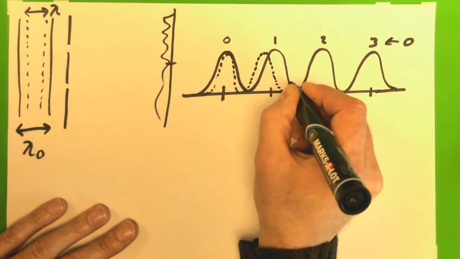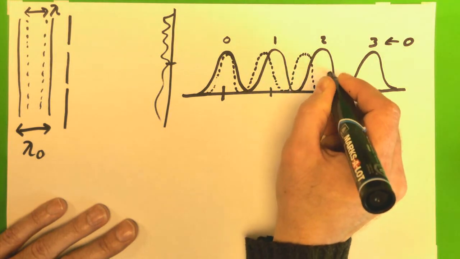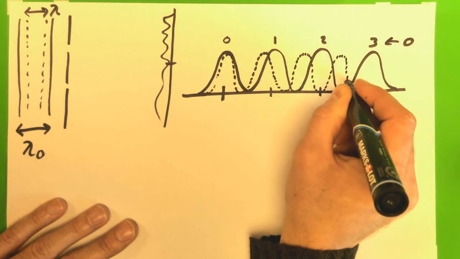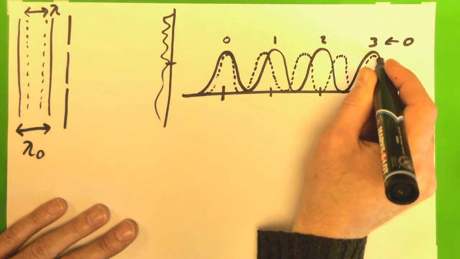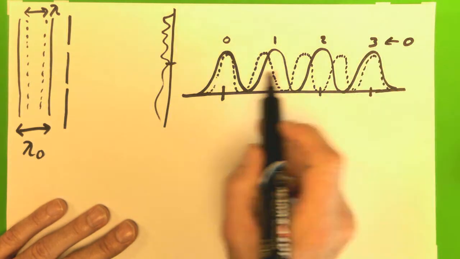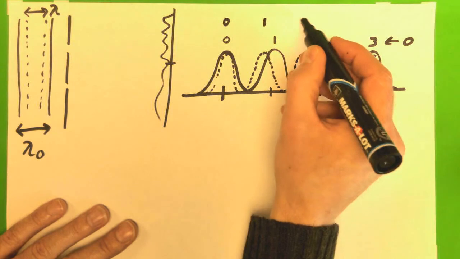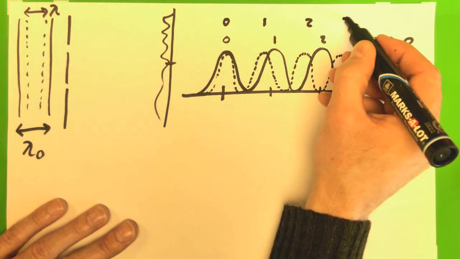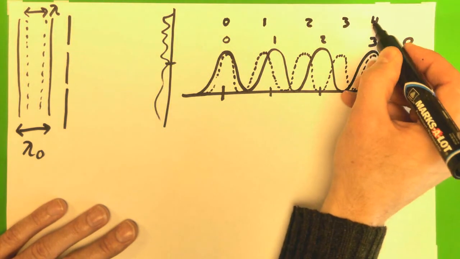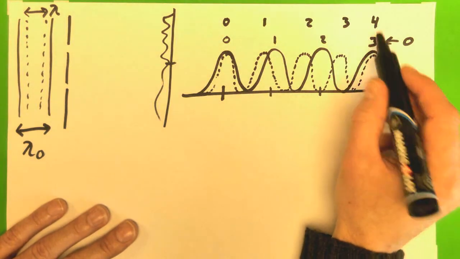And they must be closer together, so that the fourth order overlaps with the third order. So this is 0 here. Right here is 1. This one's 2. This one's 3. And that one is 4. So these other ones don't overlap, but this fourth one overlaps with the third one.